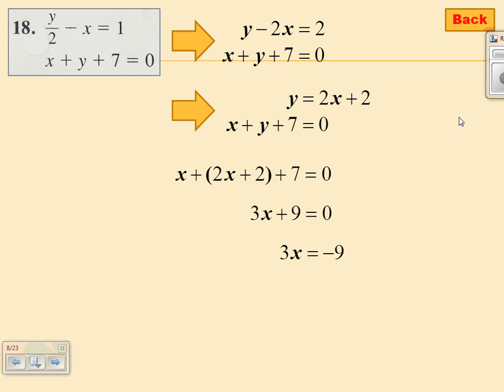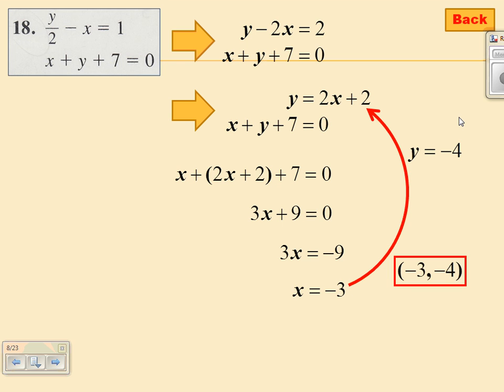Then divide both sides by 3 to get x equals negative 3. I then plug this back in to y equals 2x plus 2. Again, y equals negative 4. Final answer is negative 3, negative 4.